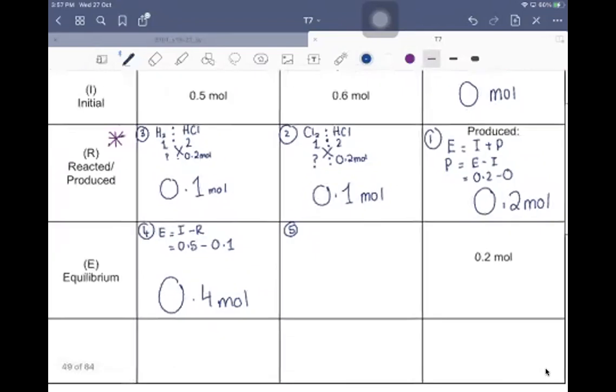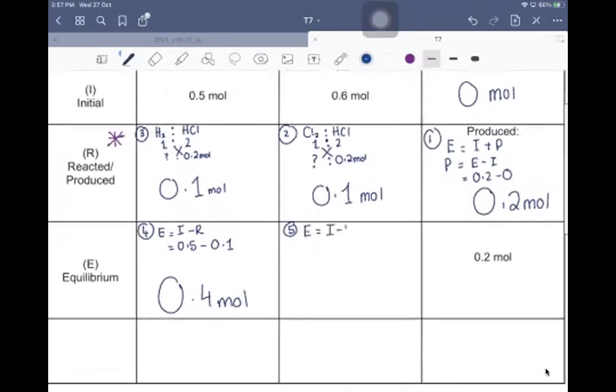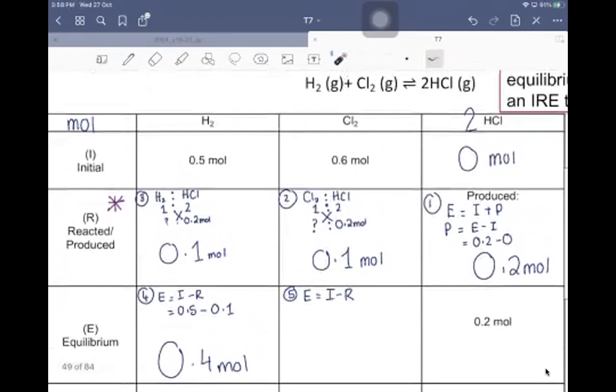Whereas for chlorine, same thing, at equilibrium, how much chlorine is present? Again, you take the initial of chlorine, not of something else. We're talking about chlorine here. So that means initial is 0.6 minus reacted 0.1.